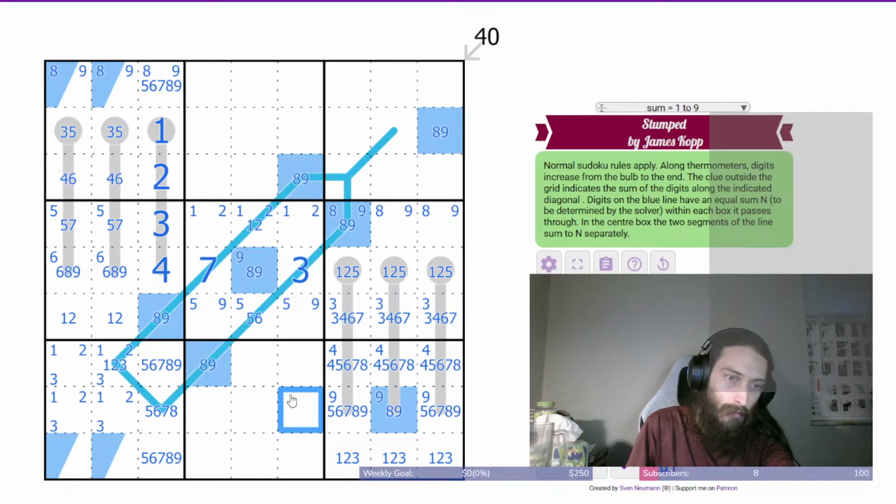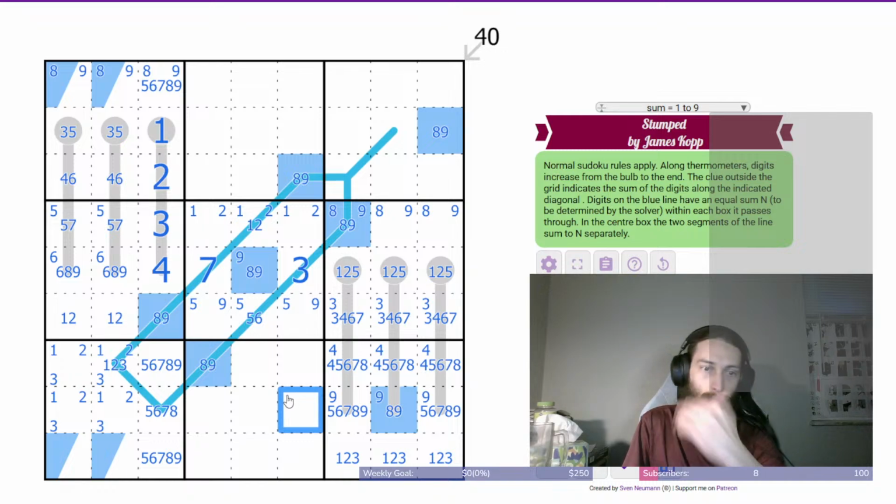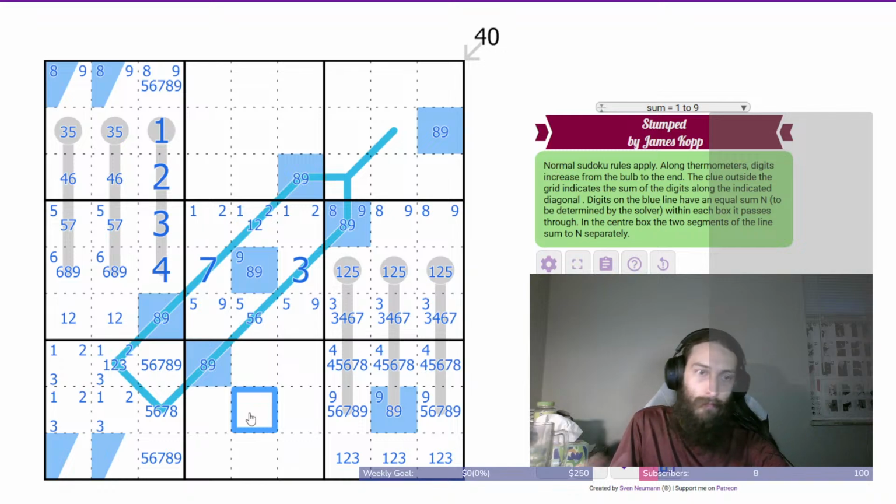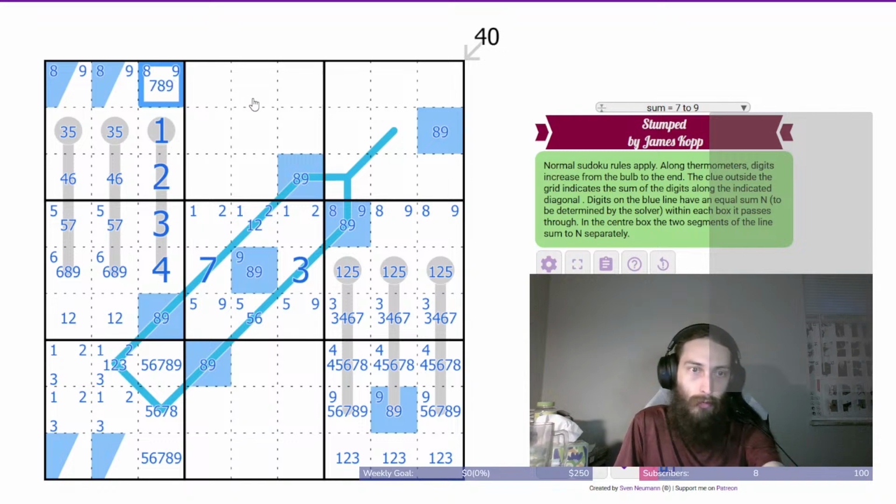Isn't super helpful. Well, never mind. 5 is ruled out from this cell up here, so is 6.